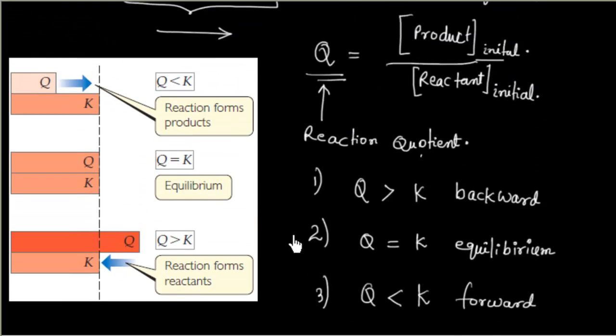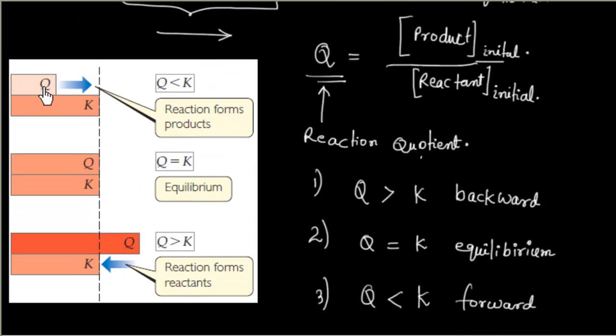And this is shown here. In this case Q is less than K. Q has to follow K, so I have to increase the Q value.